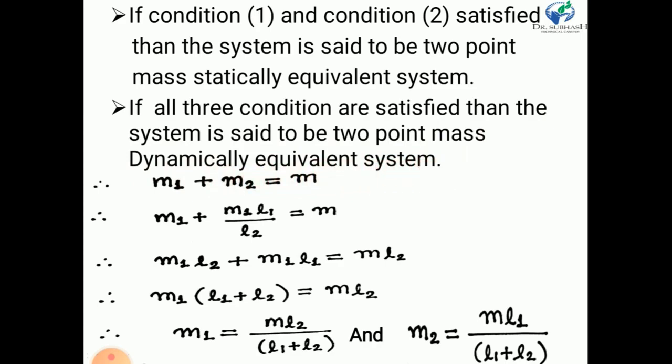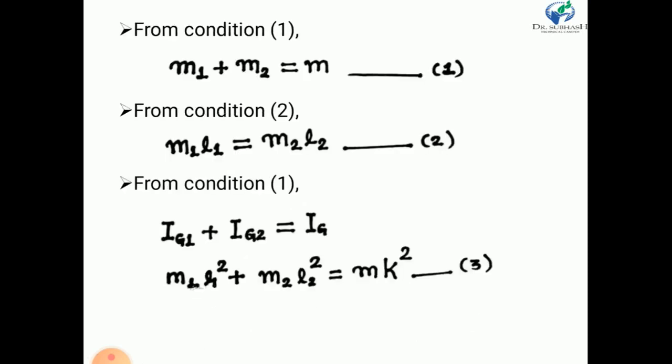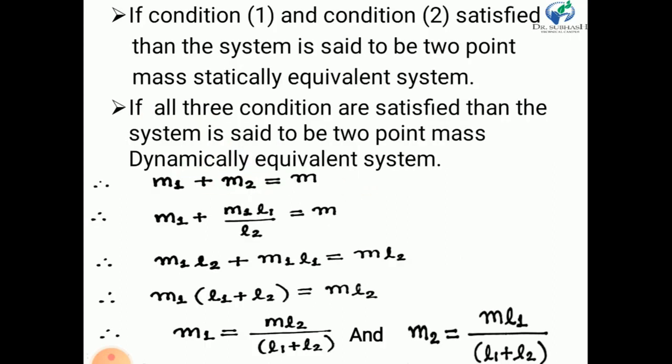So here this is the first condition, m1 plus m2 is equal to m. So now here we put the value of m2. My dear friends, from the condition 2, m2 is equal to m1 l1 upon l2. So m1 plus m1 l1 upon l2 is equal to m.